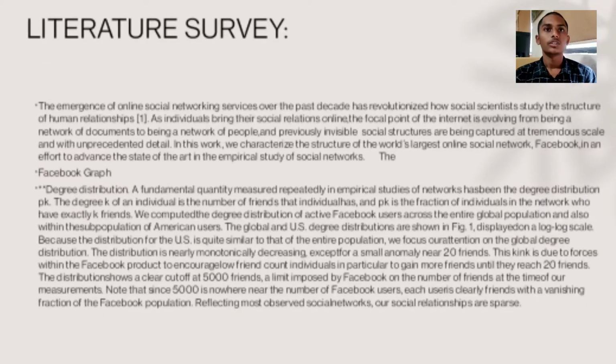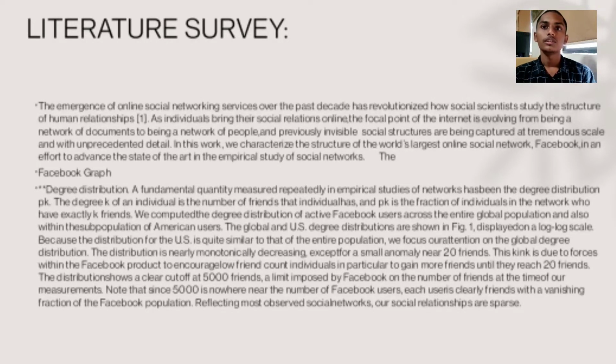Hi, this is Umsi. Now we are going to discuss the literature survey. The emergence of online social network services over the past decade has revolutionized how social scientists study the structure of human relationships.